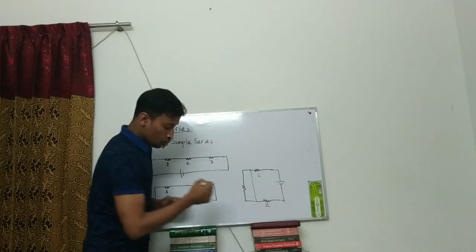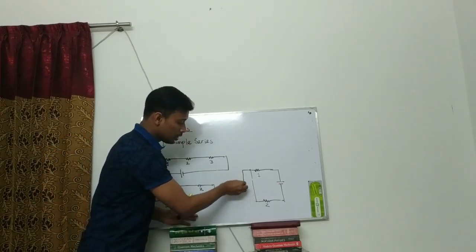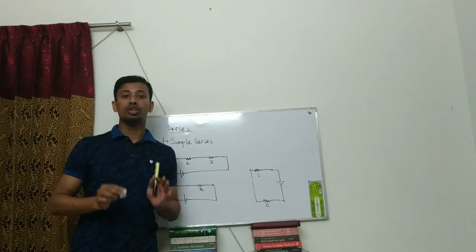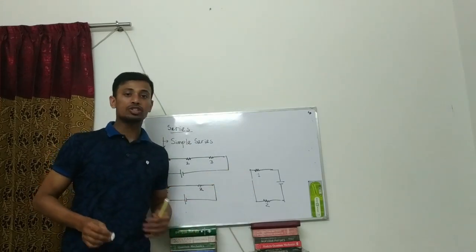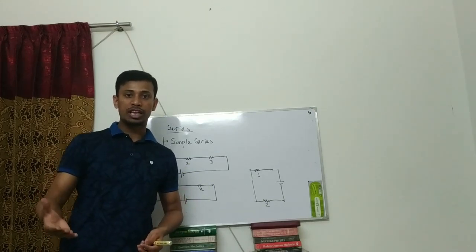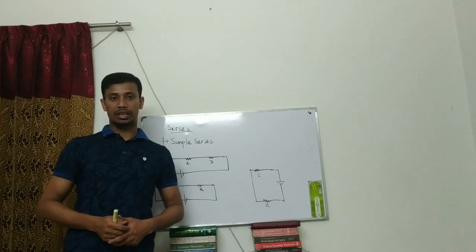That's the path. So though we have a resistance here, this resistance will not work in the circuit. This line is known as the short line. At the end of this lecture, I will discuss the short line. So this is a simple series circuit.